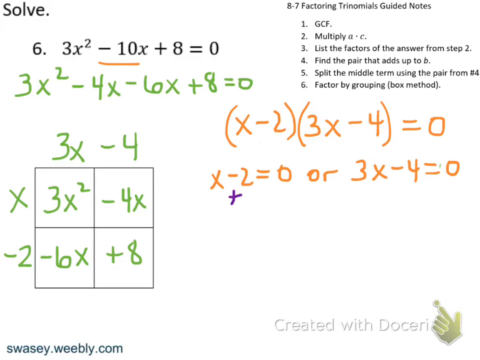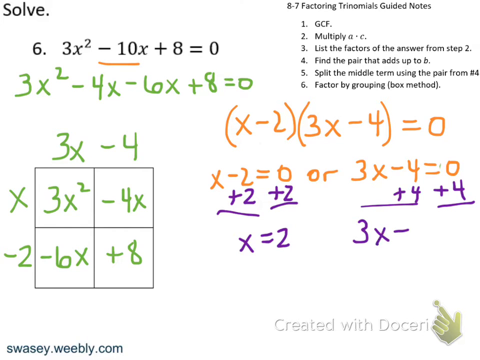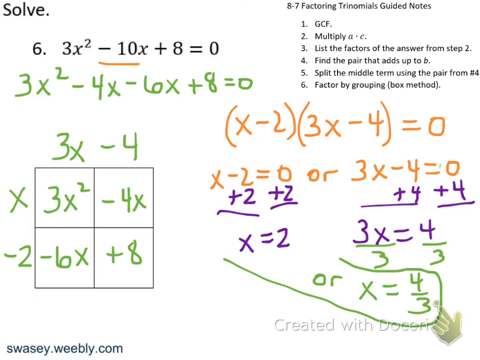To get rid of minus 2, add 2. To get rid of minus 4, add 4. So we have 3x equals 4, and then to get rid of multiplying by 3, we'll divide by 3. And so you get 4/3, or you could write 1 1/3. So two solutions, either 2 or 4/3.